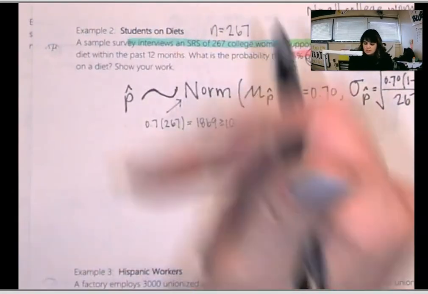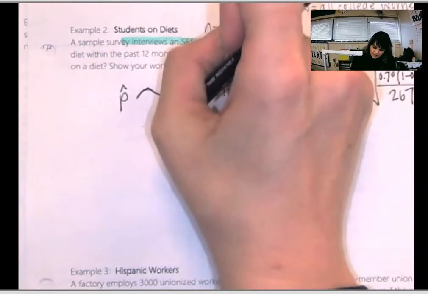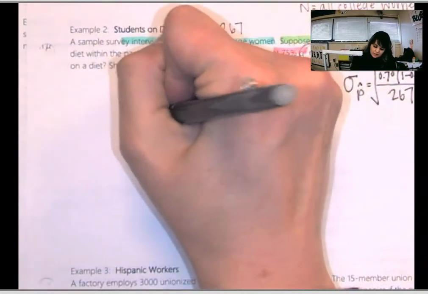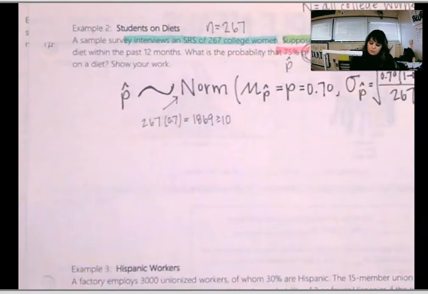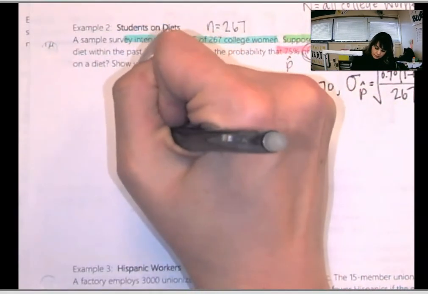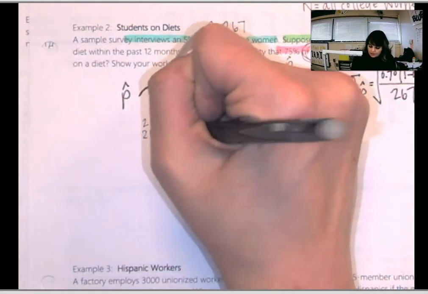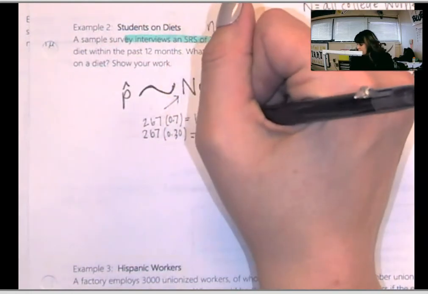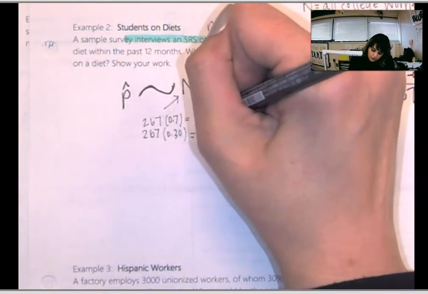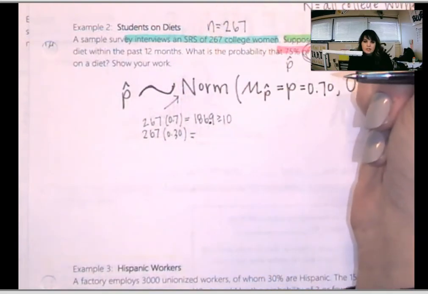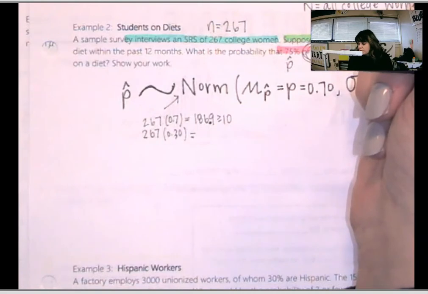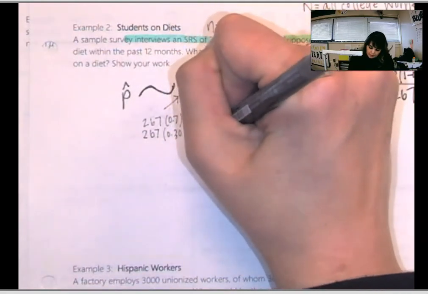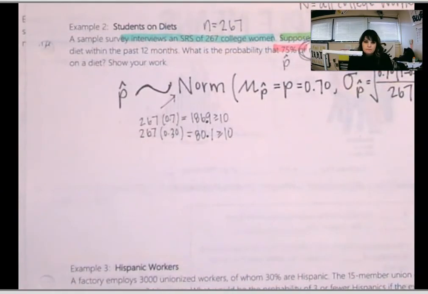I'm not sure why I did, because if we're doing n times p, it should be 267 times 0.7. Sorry about that. n times 1 minus p is 267 times 0.30. And that gives me 186.9. I apologize, I didn't see my decimal. Which means that this one is 80.1, and that is greater than or equal to 10. So large counts is satisfied.